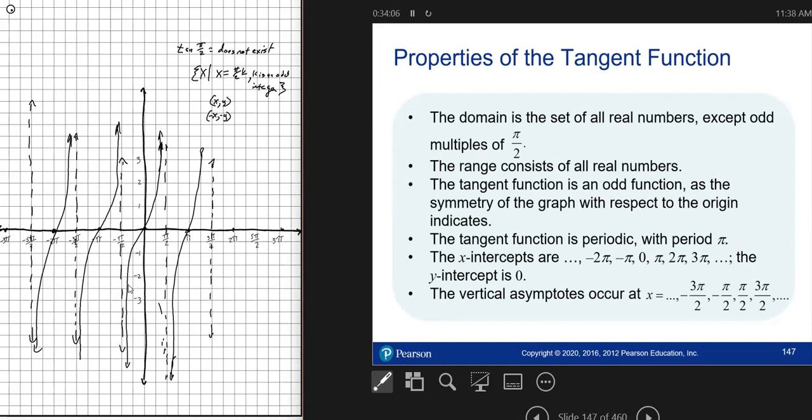If (pi/4, 1) is on there, then (negative pi/4, negative 1) is on there, which it is. Yeah, at pi/4 it's at 1, and at negative pi/4, it's at negative 1. So my graphs here aren't totally accurate. Anyway.